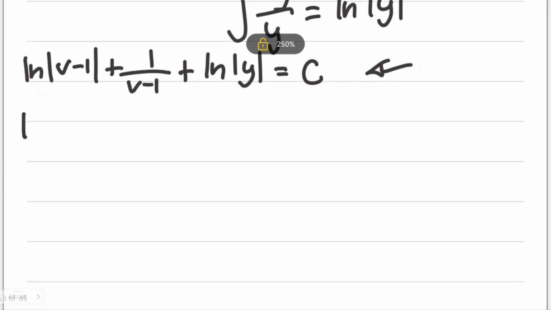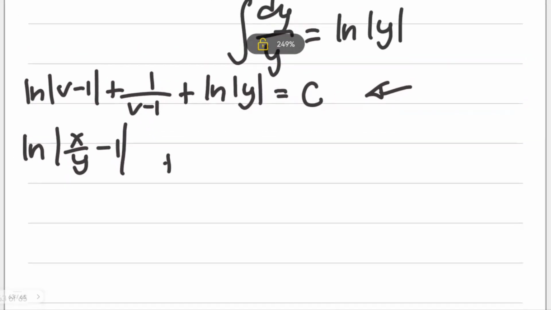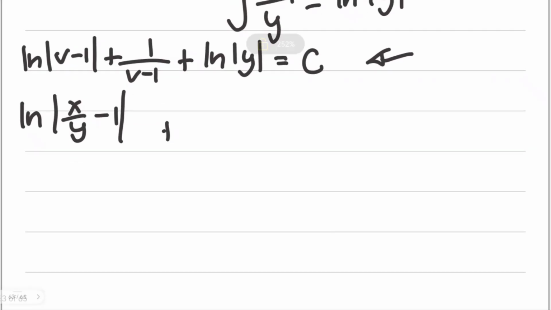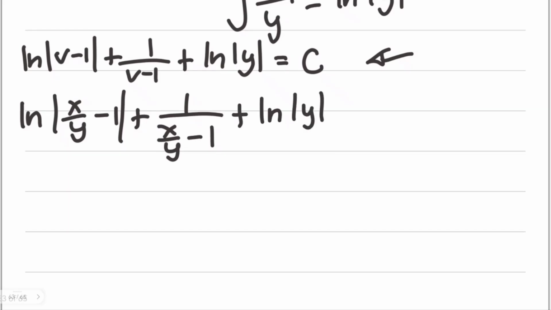So you will have the natural logarithm of x over y minus 1, plus 1 over x over y minus 1, plus the natural logarithm of y is equal to c. So simply manipulate this because we don't like to see something like that.